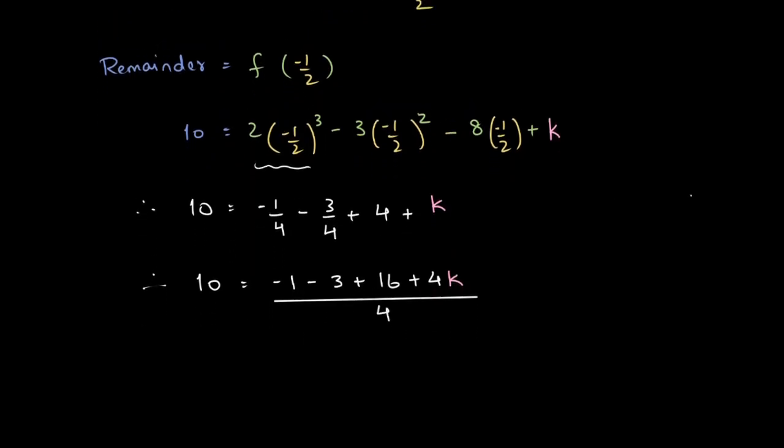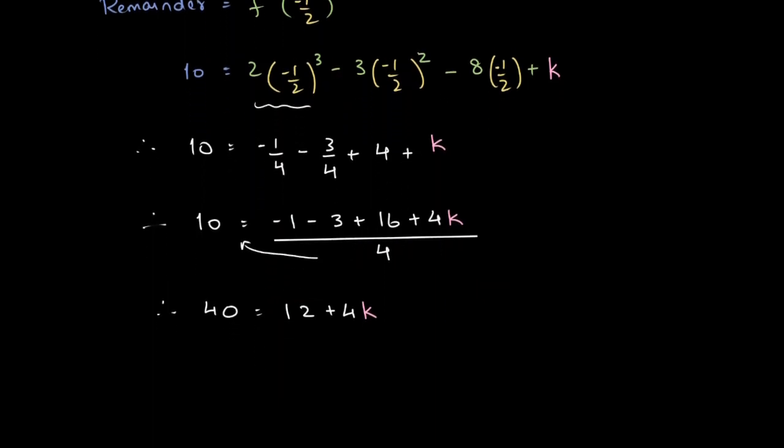Right, just took the LCM here. 4 upon 1 is into 4 and into 4 here as well. Take the 4 from the left to the right. So 40 is equal to minus 1 minus 3 is minus 4 plus 16 is 12. So 12 plus 4k.